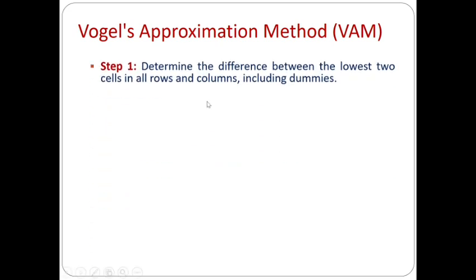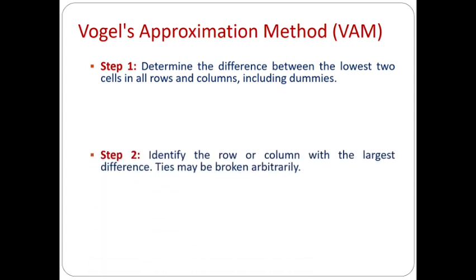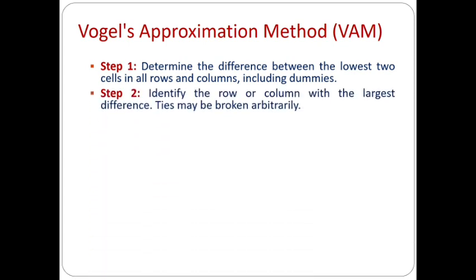So first thing is we have to determine the difference between the lowest 2 cells in all rows and columns including dummies, right? Then we have to identify the row or column with the largest difference, and if there is a tie between that 2 difference, we can just choose either.